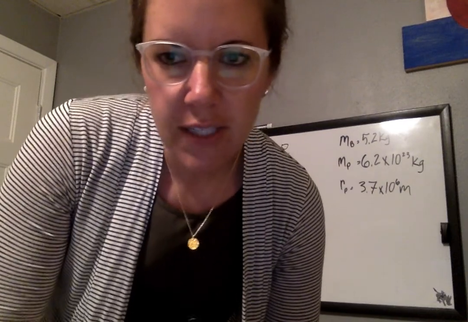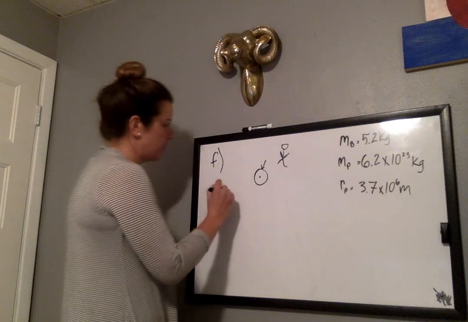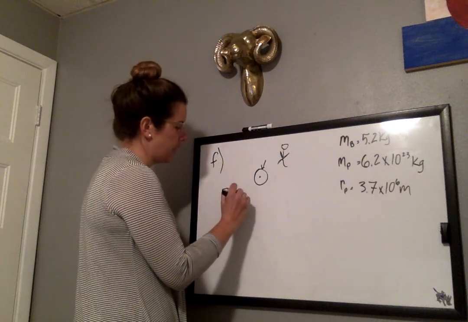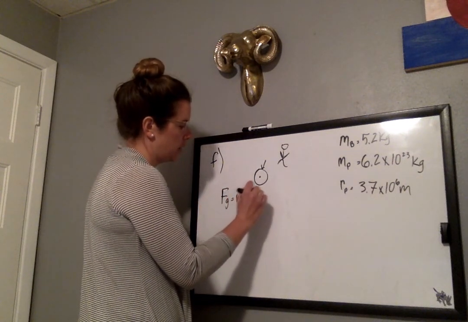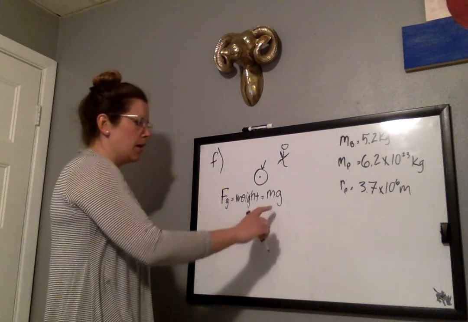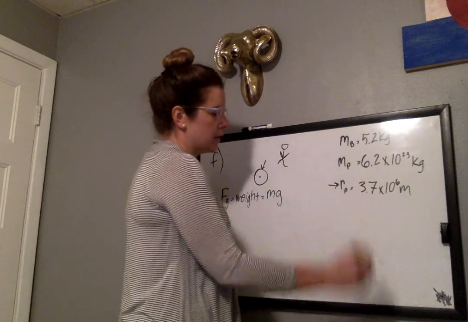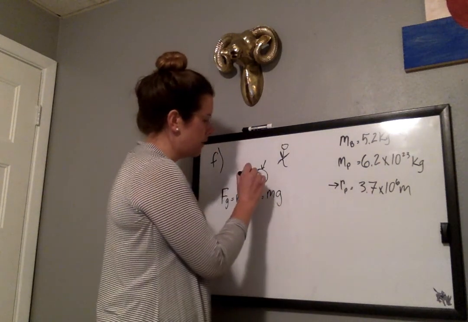So the question says, what's going to happen to the weight? So again, remember, weight is your force of gravity, which is equal to the mass times acceleration due to gravity. In part A, we calculated this based on the radius, how far you are from the center of an object.